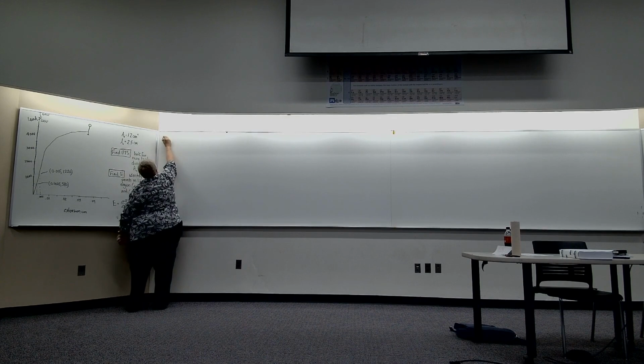And then the other thing we need is to find yield strength. That's a 0.2% offset.